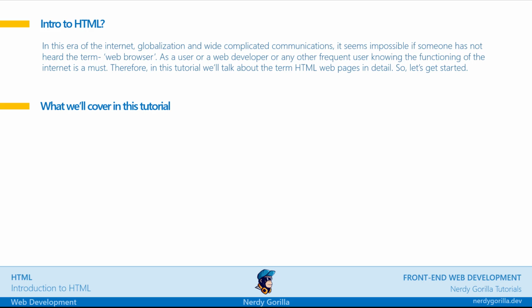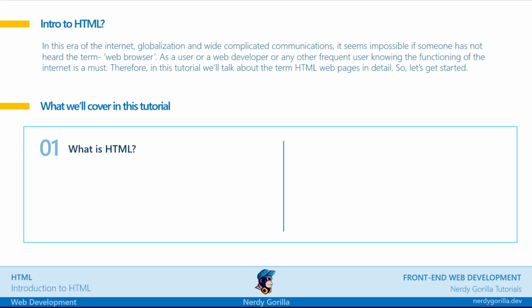So let's get started. What we're going to cover in this tutorial: first, what is HTML exactly, and a brief history of HTML. Next, we are going to have a look at the elements or components of an HTML document called HTML tags.